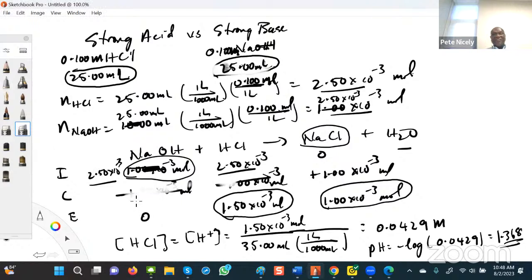The change will be minus 2.50 times 10 to the minus 3 moles in both cases, and here you're going to have plus 2.50 times 10 to the minus 3 moles.